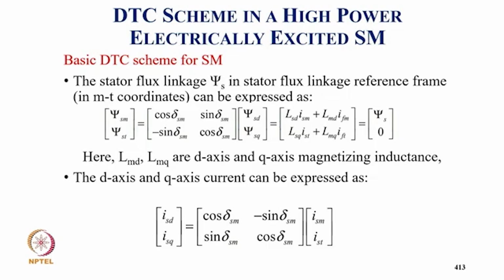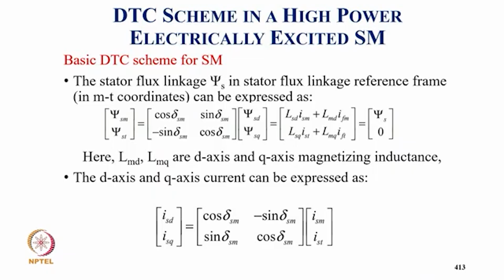in MT coordinates can be written as psi SM, psi ST, cos delta, sin delta, minus sin delta, cos delta, function of psi SD, psi SQ, equal to LSD ISM plus LMD IFM, LSQ IST, LMQ IFT, and equal to psi S0.